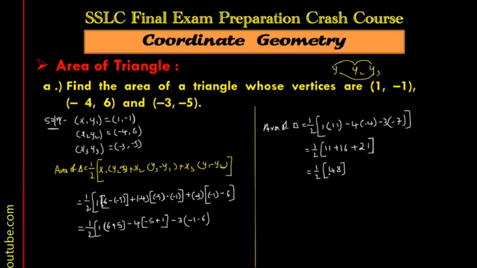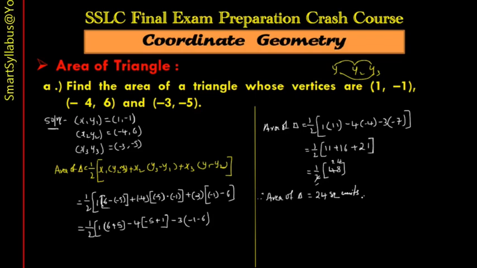Now we can divide these two values, right? 2 1s are 2, 2 2s are 4, and 2 4s are 8, so that's equal to 24. Therefore the area of the triangle is 24 square units. So like this, using the formula we can find the area of the given triangle.